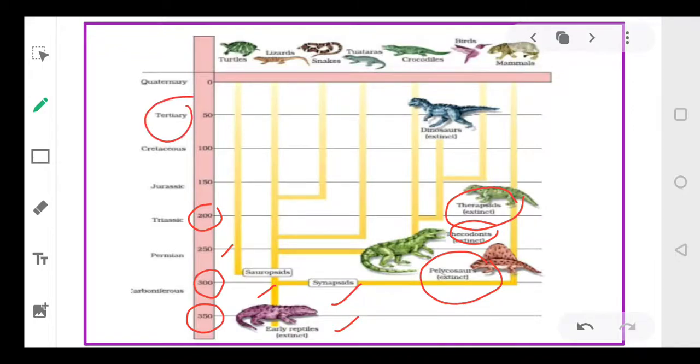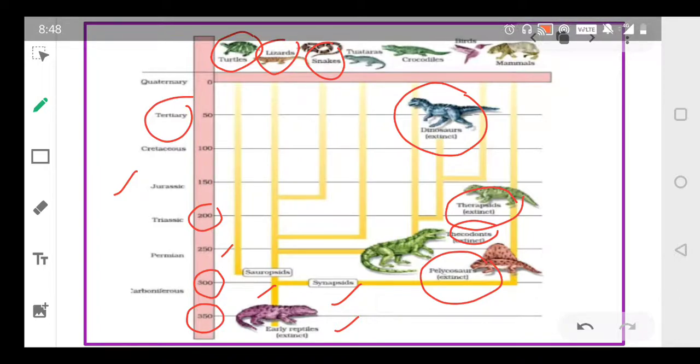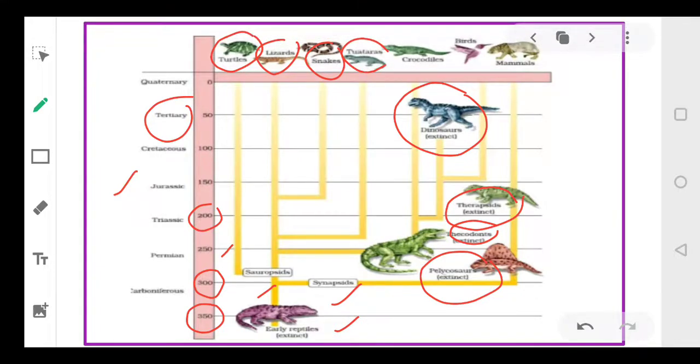Then in the Tertiary period, dinosaurs became extinct, right? So we can study how organisms have moved or evolved period-wise on the surface of the earth. And after the Quaternary period, we had turtles, lizards, snakes, tortoises, crocodiles, birds, and mammals. Okay.